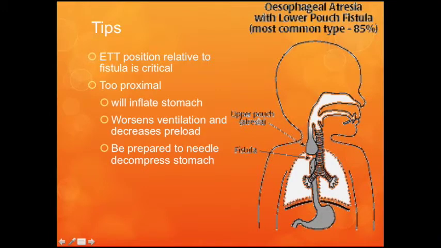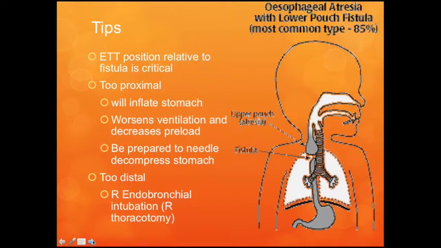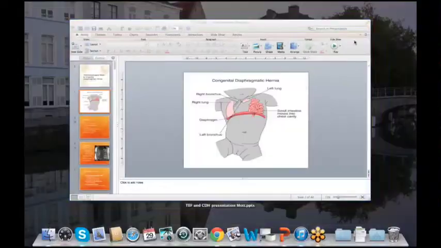If you're too proximal, gas is going down here, you inflate the stomach, and that will worsen the ventilation and also increase intrathoracic pressure and reduce the preload, and you may need to decompress the stomach. And if it's too distal, you're just ventilating the right side. And usually it's a right thoracotomy, so the right lung is the one they're compressing, and if you're only ventilating the right lung, when they compress the right lung, then you're not ventilating anything.